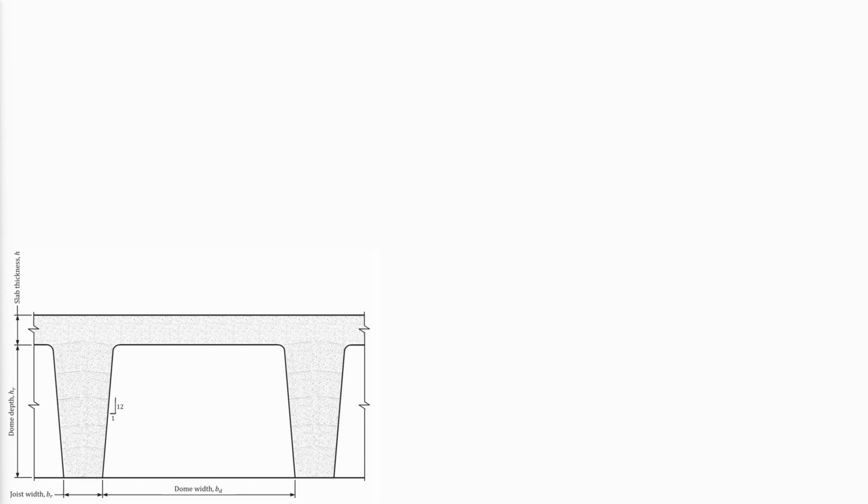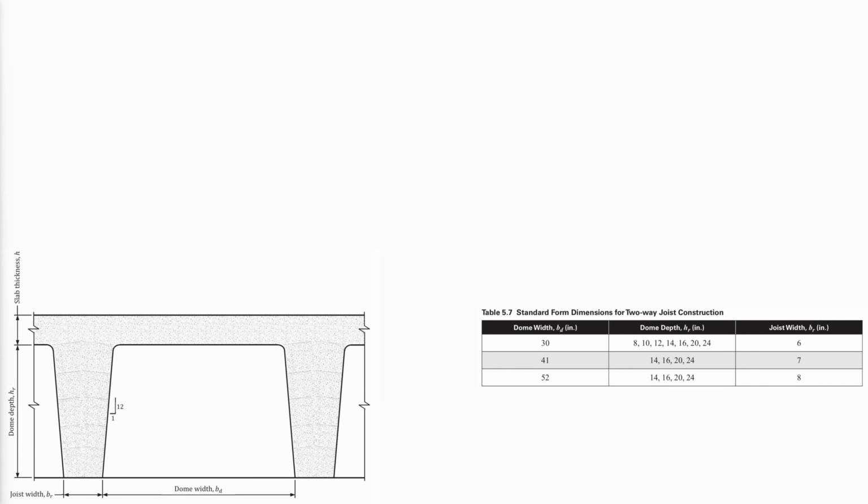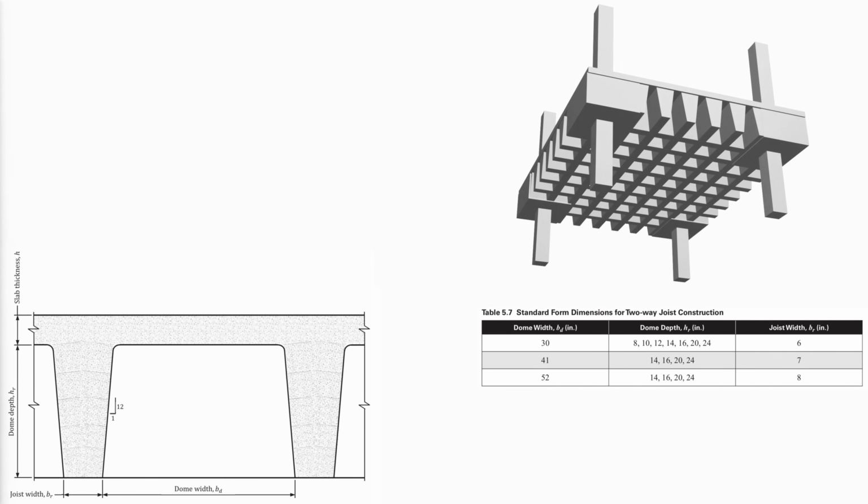For two-way joist slabs, the standard form dimensions are given in the following table. For design, a two-way joist is considered to be a flat slab with the solid heads at the column acting as drop panels. The cross-section is transformed into an equivalent section of uniform thickness TE, with the same width as the actual section.